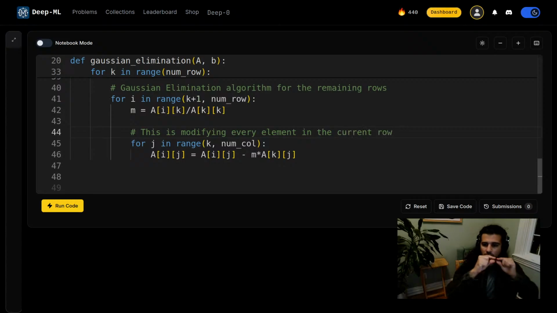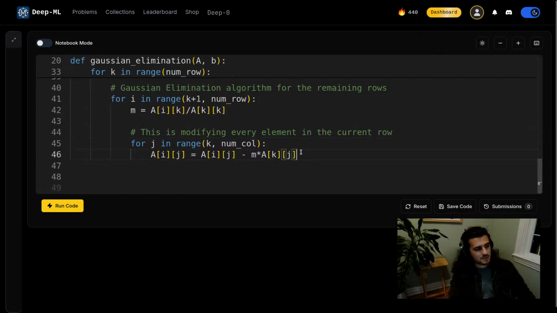We're modifying the whole thing, from the beginning to the end. But then we're always taking a square, because there's no point in modifying the zeros. We're just going to a small square.